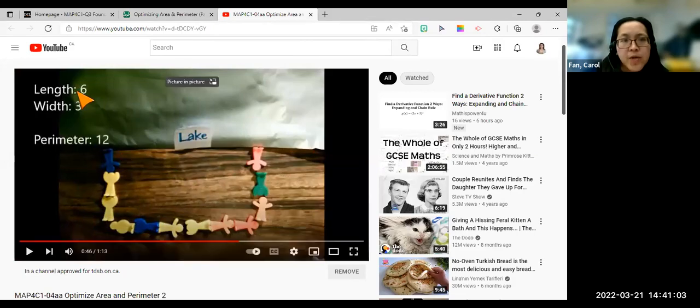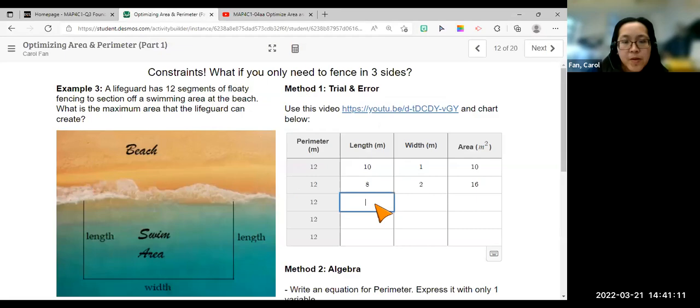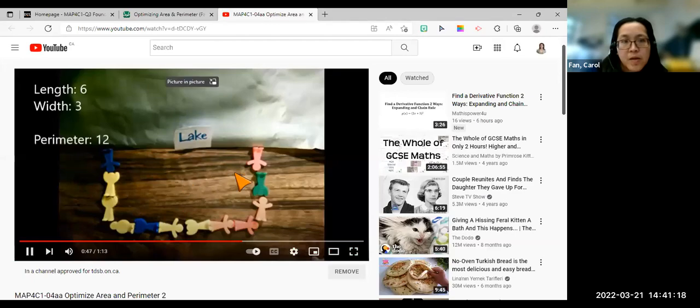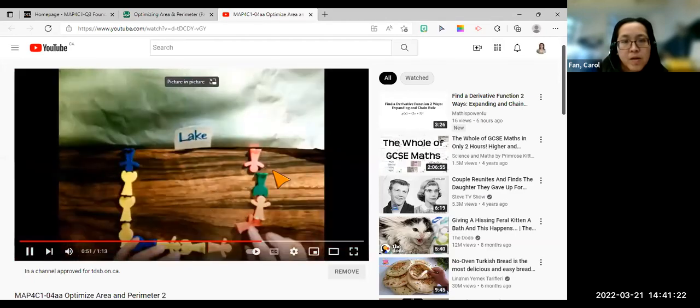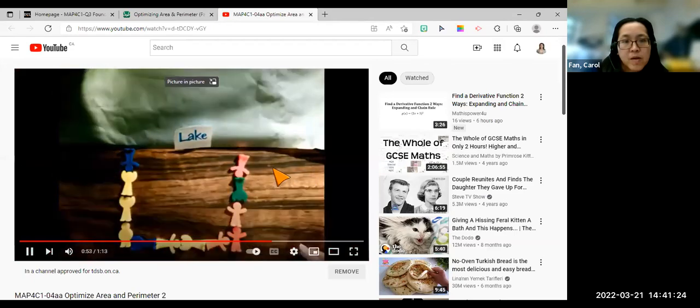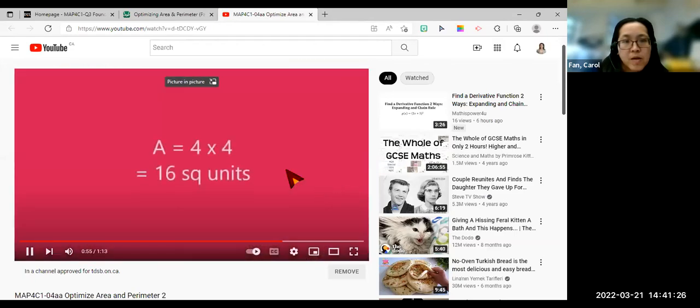Okay, this next one, I've got a width of 3, length of 6. Okay, we have 4 by 4 now.